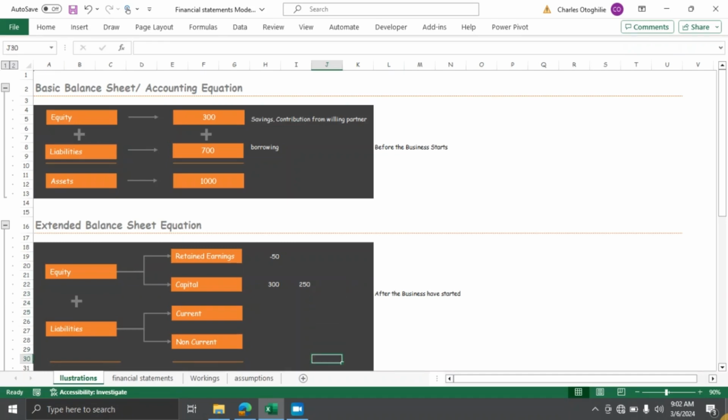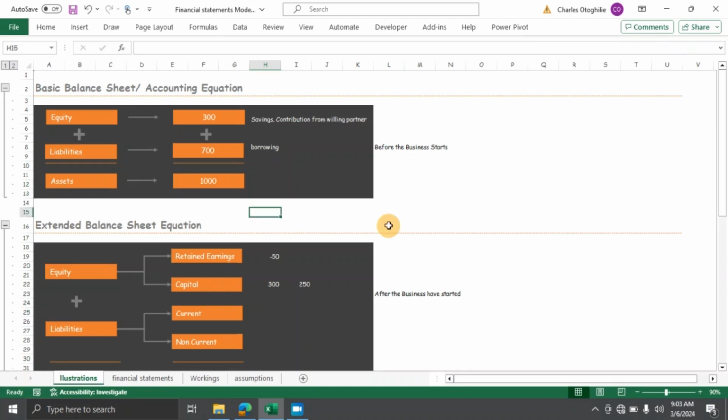Okay. So what about liability? Here, liability is now the current liability and the non-current liability. So what do we mean by current liability? We already know that liability and indebtedness are obligations to other parties outside the business. So we use borrowings to illustrate it.